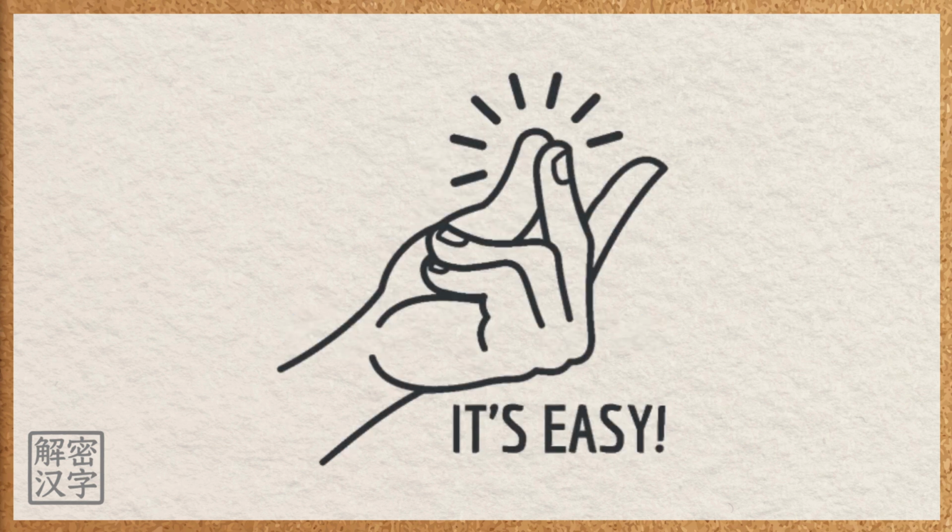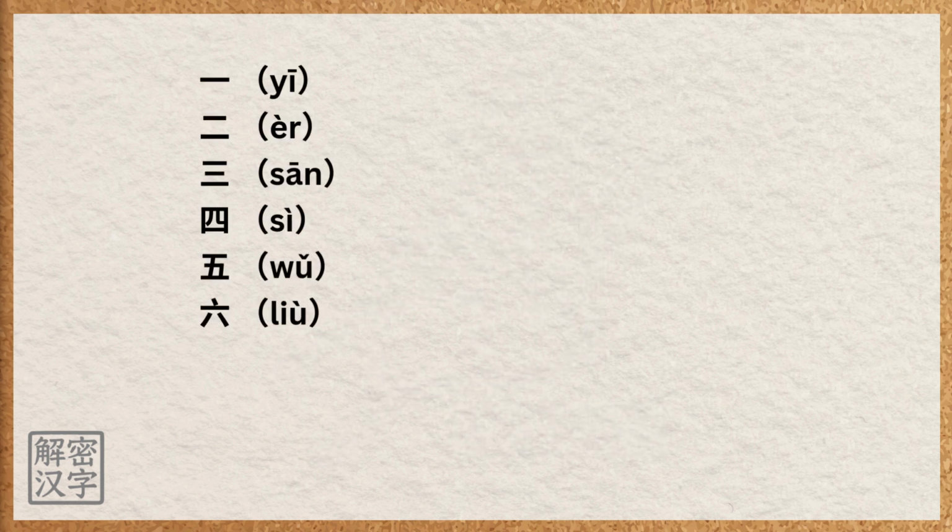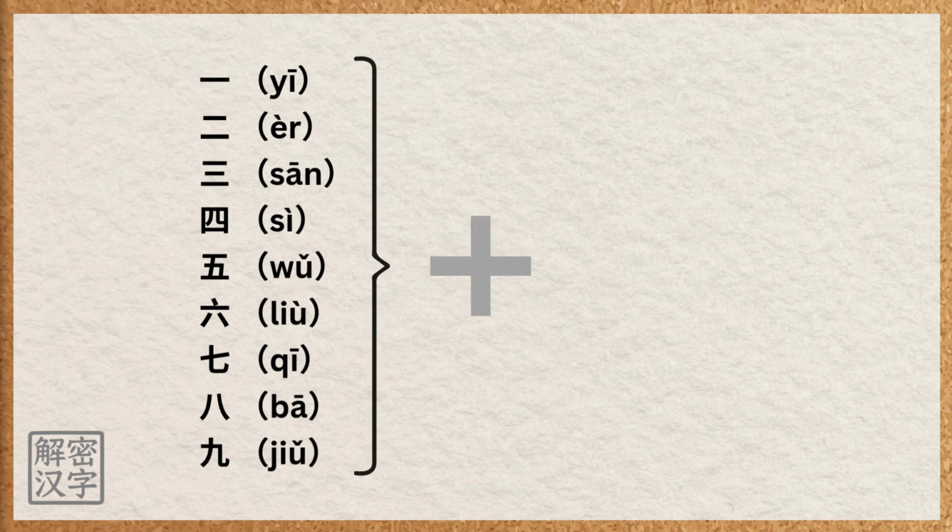Once you've learned the 9 Chinese numerals, 一、二、三、四、五、六、七、八、九, just combine them with the word 十, and you can instantly form any two-digit number.